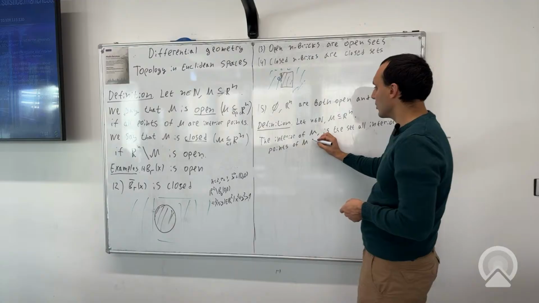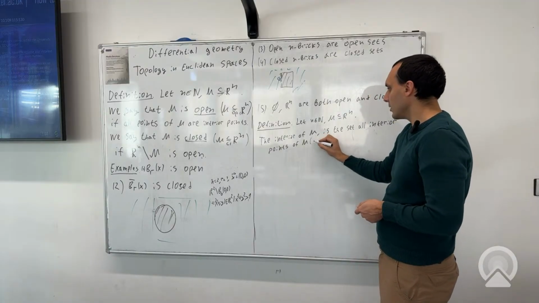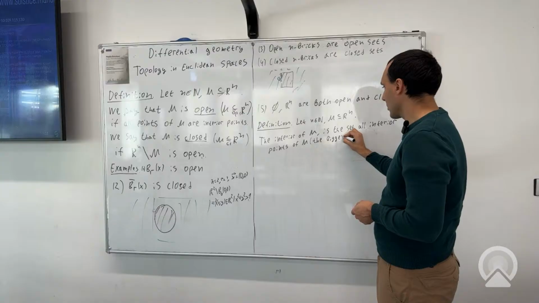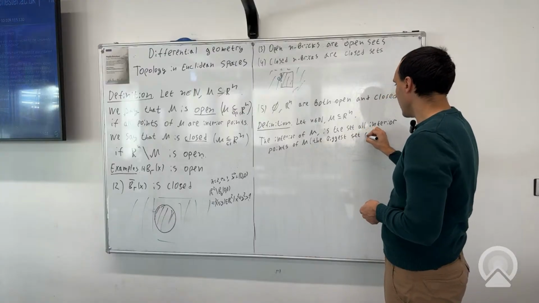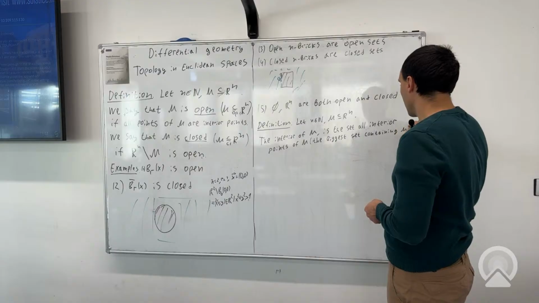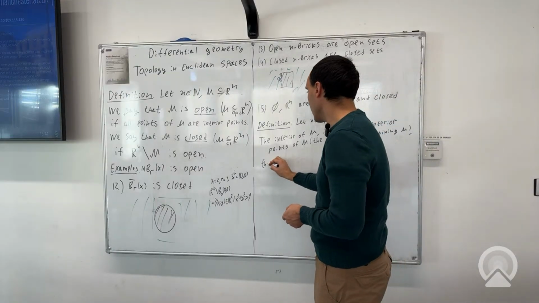So this is the biggest open set contained in M. And the closure is the opposite.